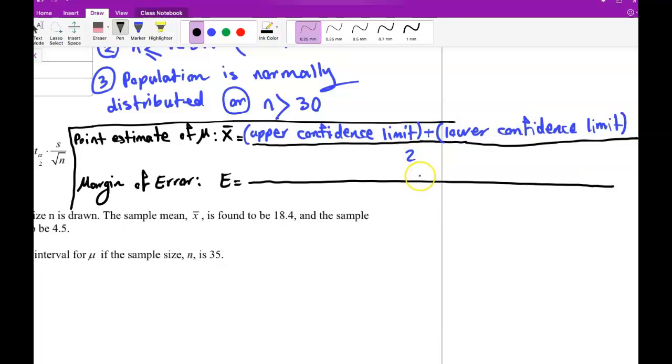Now in this part, we need to find the difference between upper and lower. So upper confidence limit, so I'm showing with CL, minus lower confidence limit. Then divide by 2.